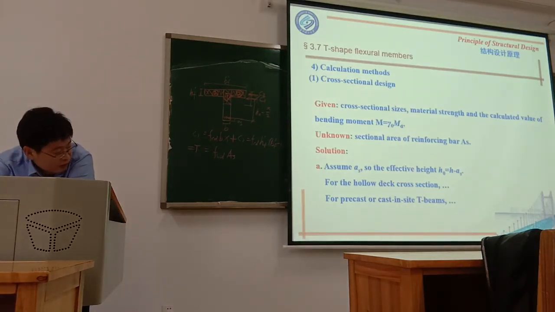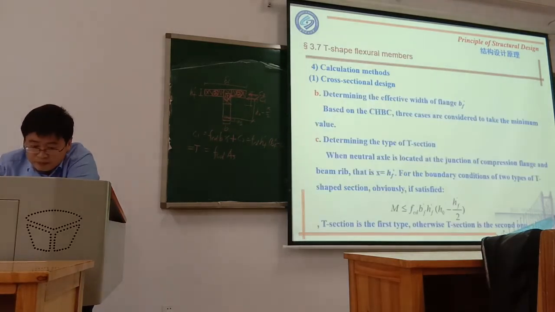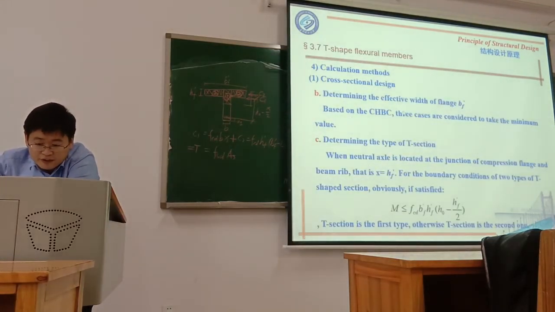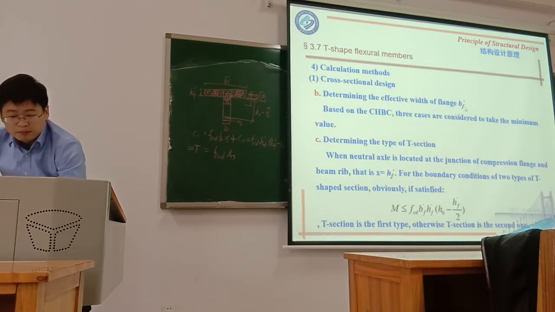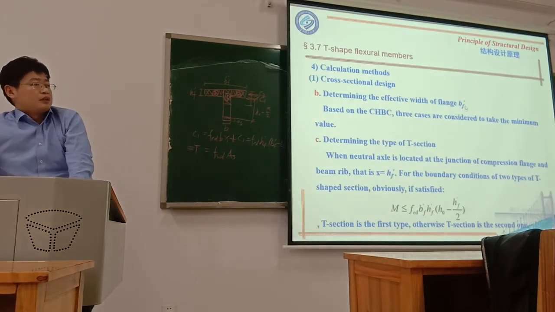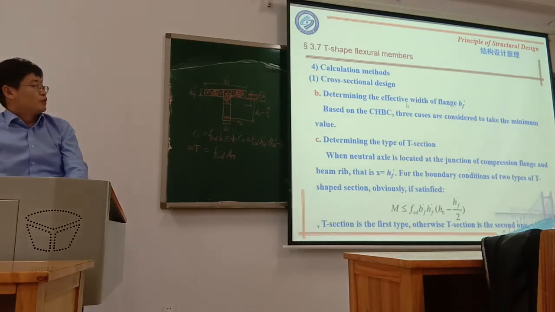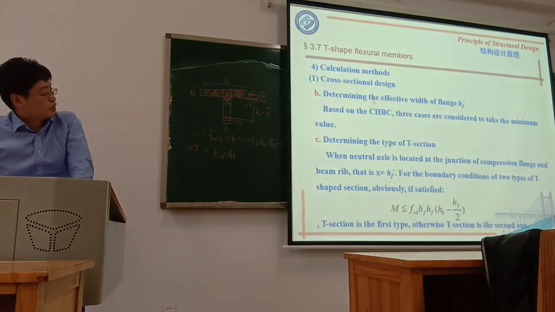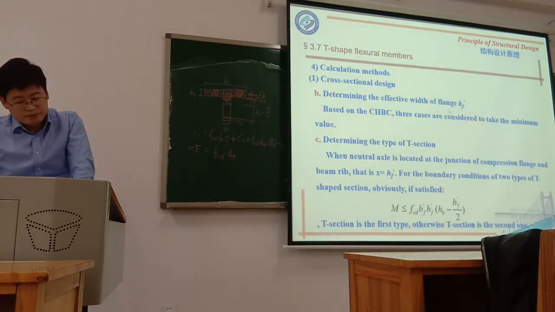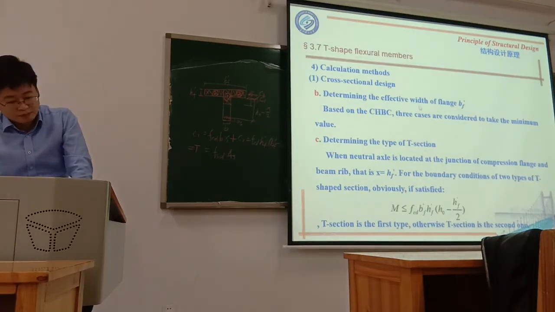Then the second step, determine the effective width of the flange bf. So this is the difference from the rectangular shape. For T shape, we need to determine the effective width of flange bf'.